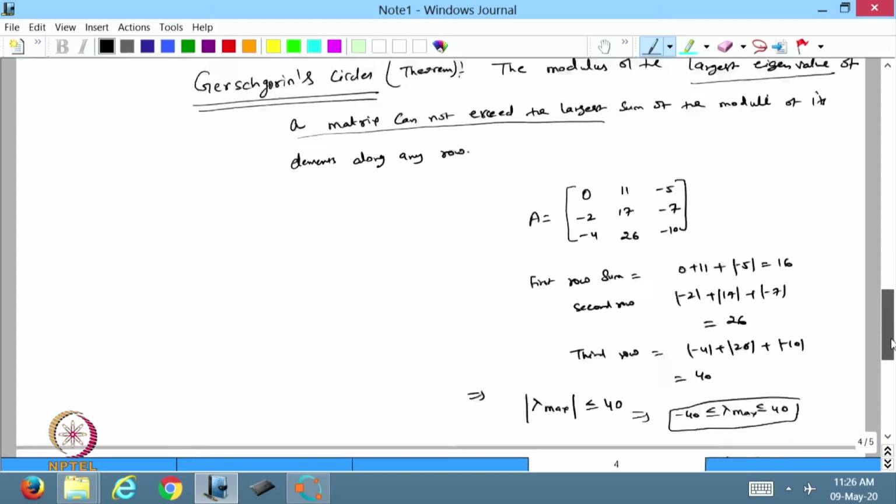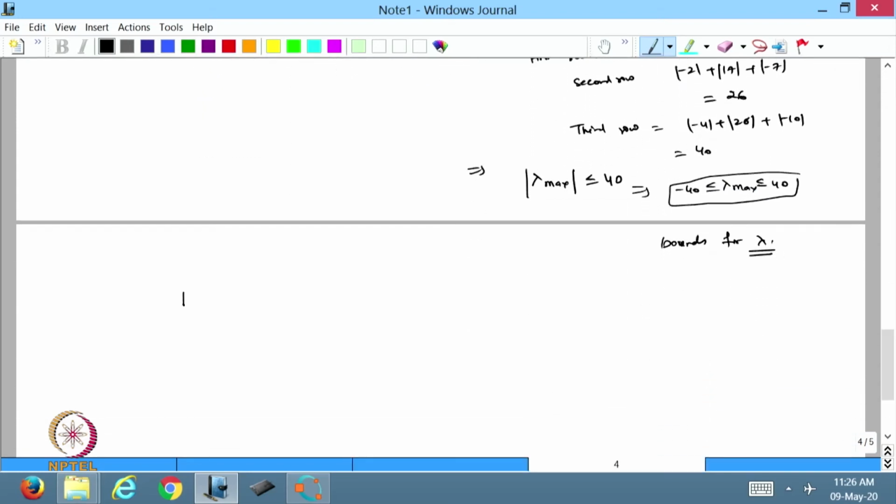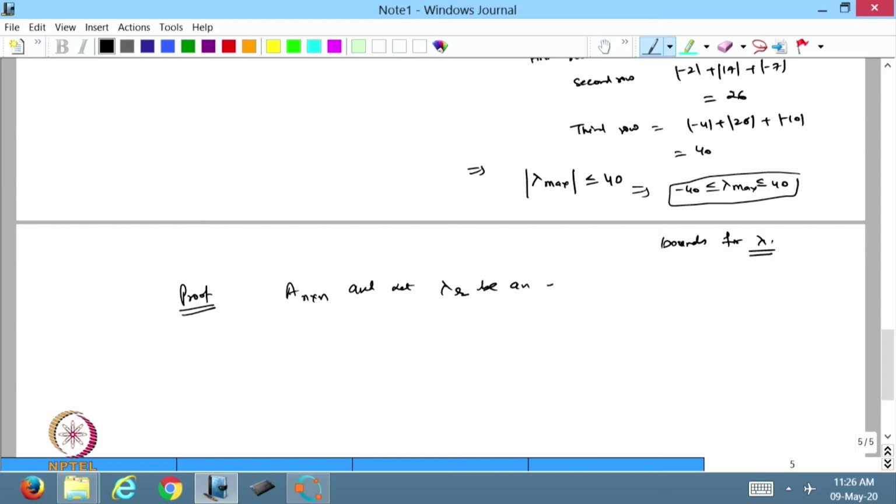So, let us do the proof of the theorem. Let us choose the matrix A, n cross n, and let lambda r be an eigenvalue with corresponding eigenvector x r.